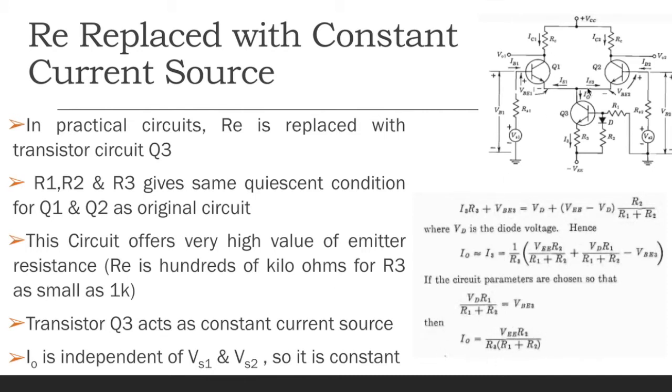So this current IO is constant. Thus this combination of Q3 with the resistances gives us a constant current source. So by replacing the emitter resistance by a constant current source, we achieve very high value of CMRR, plus because it's a transistor circuit, fabrication becomes easier.